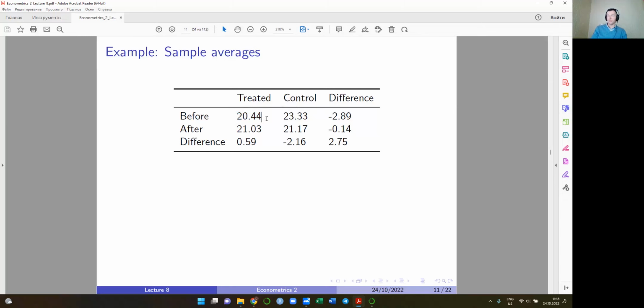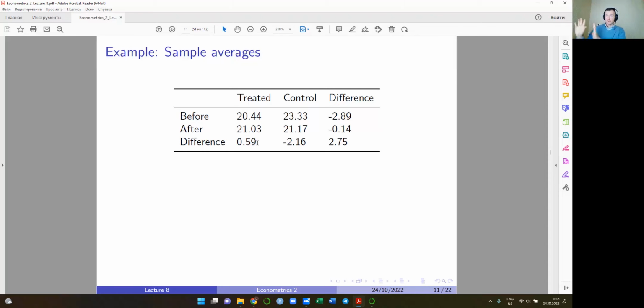So 20.44 is the sample average number of workers in the restaurant in New Jersey before the minimum wage increase. And look what we see: after the minimum wage increase, the average number of workers was 21.03. So overall, this difference is 0.59.